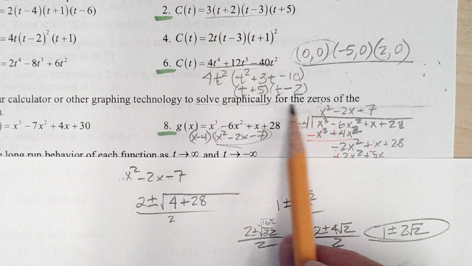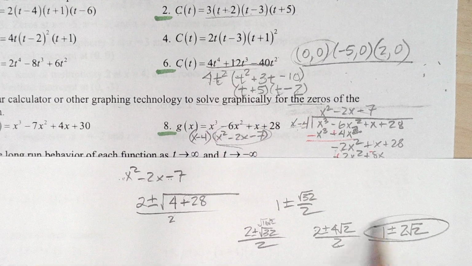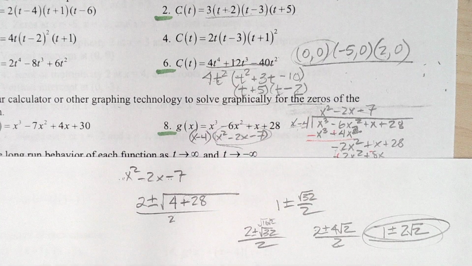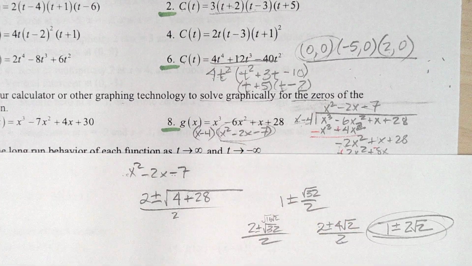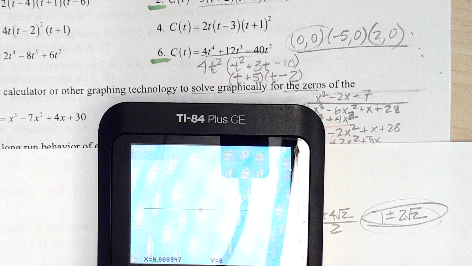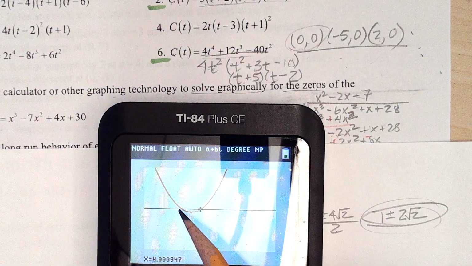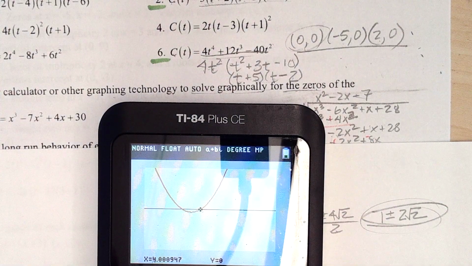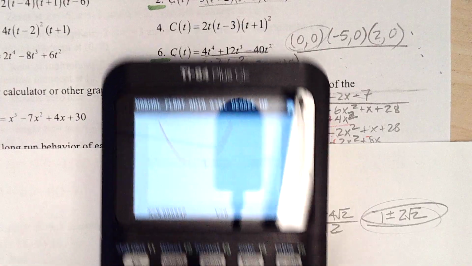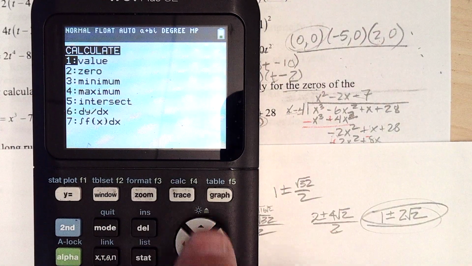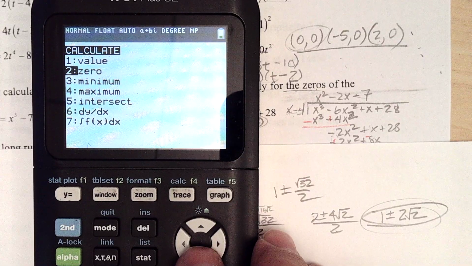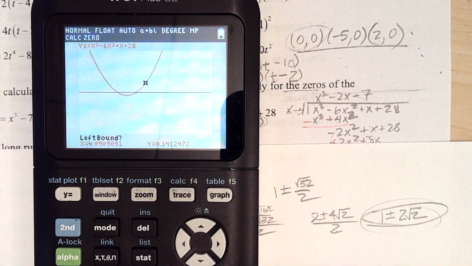And to solve graphically for the zeros. Now, they didn't ask you to do the exact, but I want you to be able to do that. But if you just look at the graph, there's another 0 there. To find that one, I can say on the calculator, second, trace or calculate the 0 that's between.